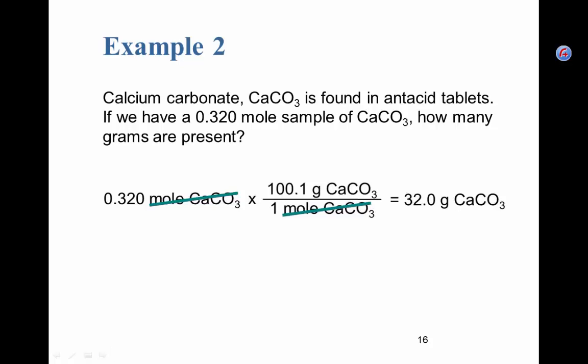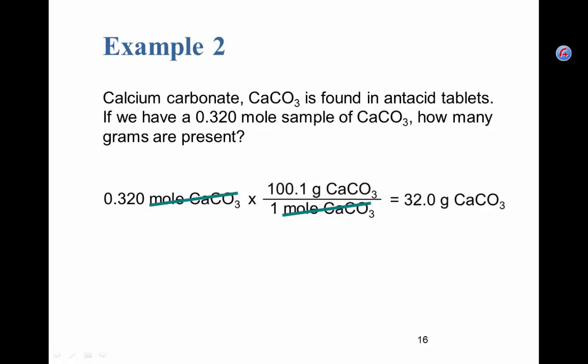Okay, my second example, I have 0.320 moles. So if I have 0.320 moles and I want to go to grams, I need the molar mass. In this case, I have calcium carbonate. So I'd have 1 calcium, 1 carbon, 3 oxygens, all added up off the periodic table. That's going to get me 100.1.